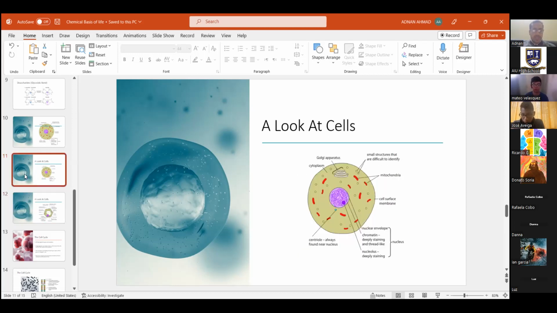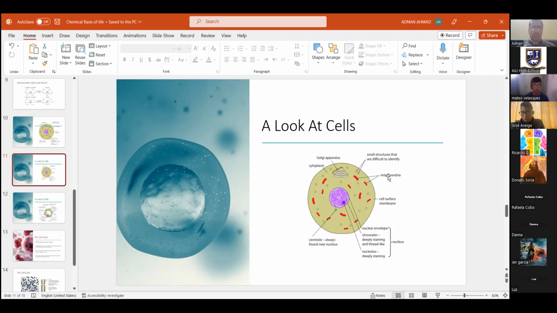So let me explain the function of mitochondria. When you take in food, the biomolecules like proteins and carbohydrates that provide energy, these molecules are broken down and eventually get absorbed into the cells.